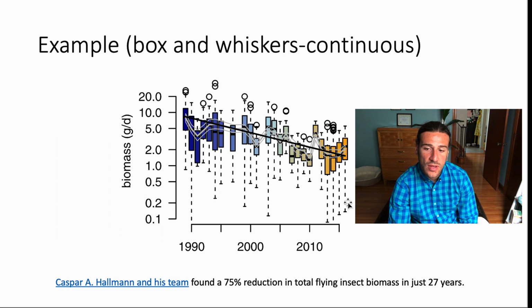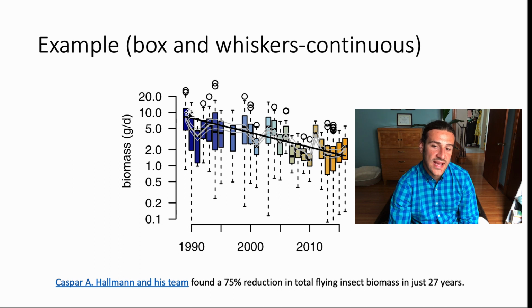For example, in this year, the minimum number of insects for a day was just over 0.1 grams per day, whereas the most abundant biomass per day for this single year was around 5 grams. So you can see the minimum, you can see the maximum, and then the really important part is the median, the average of the year when it comes to insect biomass.